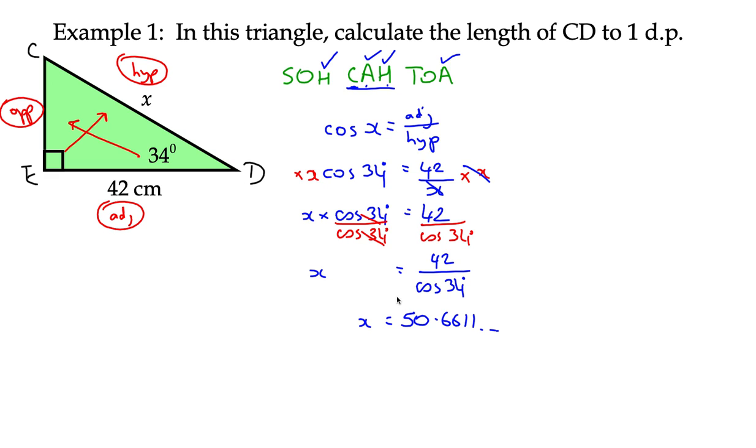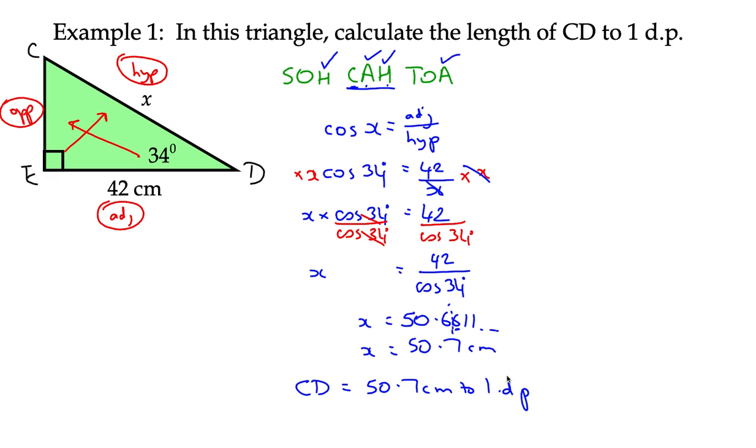It says to one decimal place, so we're going to cut off that extra 6, so it tells us to round up to 50.7, and it's centimeters, and it says calculate length of CD, so I'm going to write my answer as CD equals 50.7 centimeters to one decimal place.